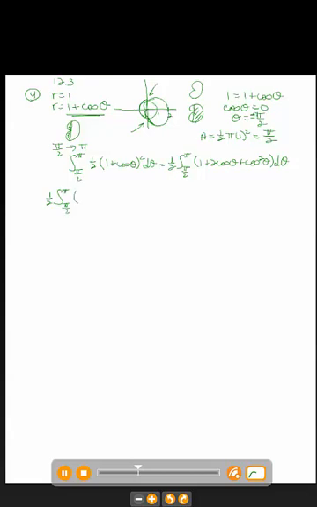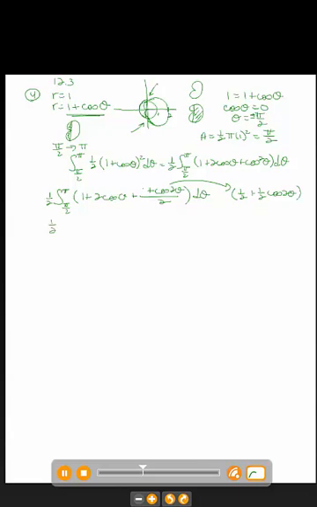So it then turns into 1 plus 2 cosine theta plus (1 plus cosine 2 theta) over 2. I would split that. I don't want to rewrite it, but I'm going to write over here. That little piece is going to turn into 1/2 plus 1/2 the cosine of 2 theta.